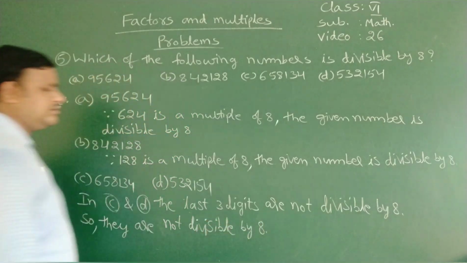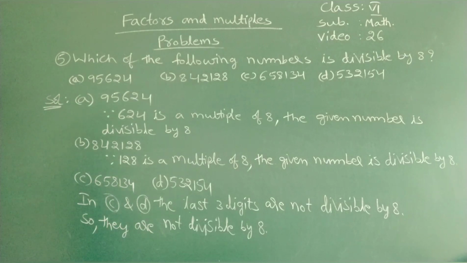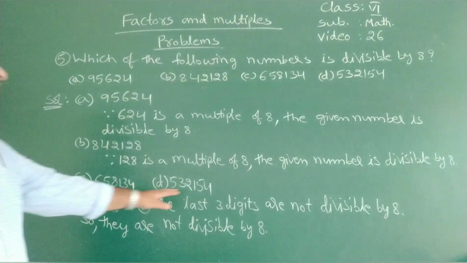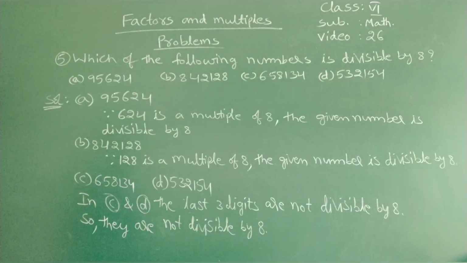That's it. If you want to write option C separately, you can write: since 134 is not a multiple of 8, the given number is not divisible by 8. Like that you can write. And for D, since 154 is not a multiple of 8, the given number is not divisible by 8. Like that we can write.